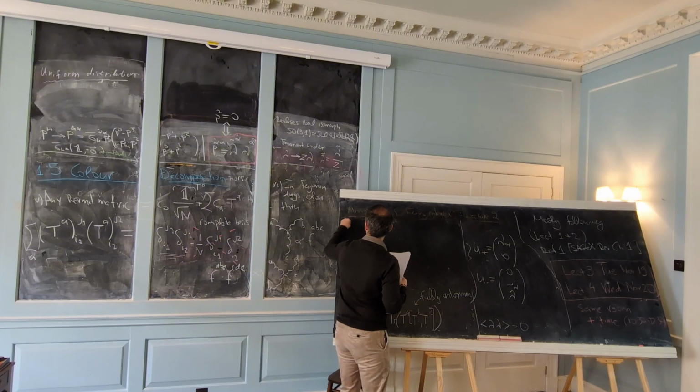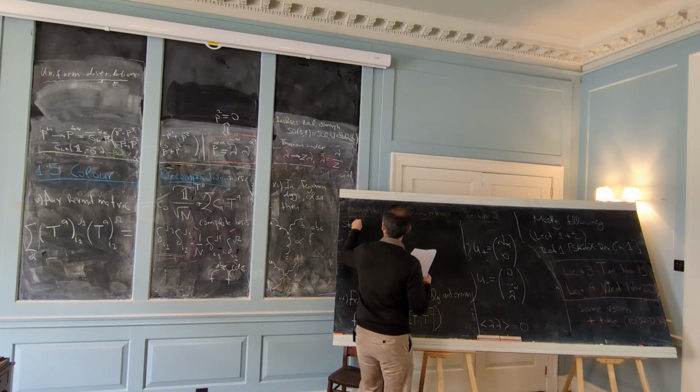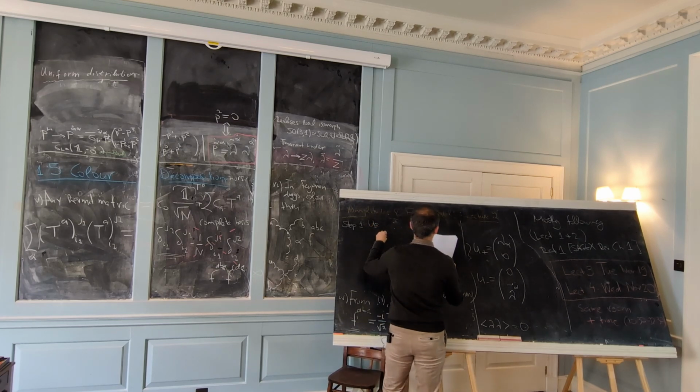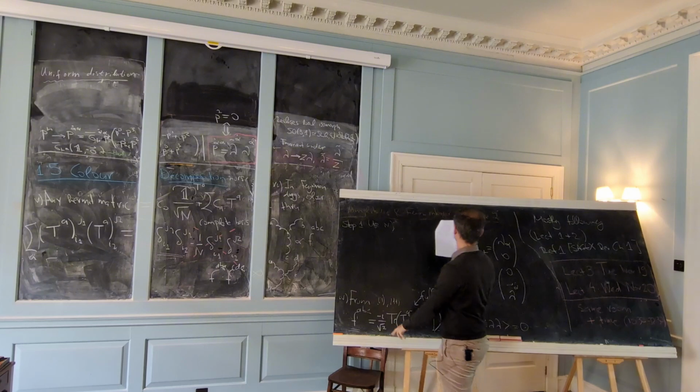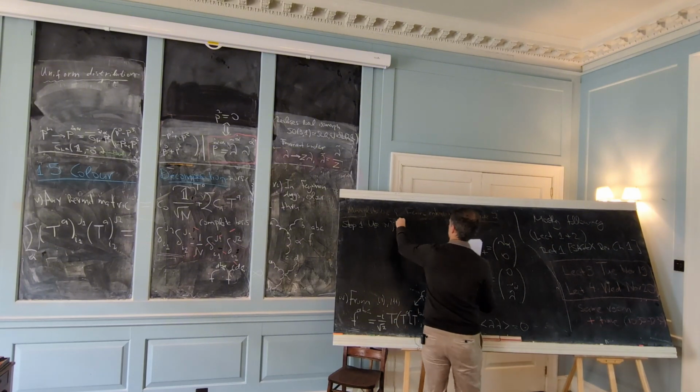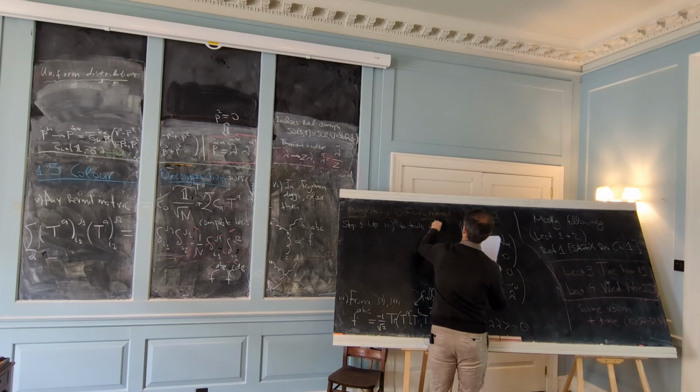So step one is that you use the relation of step 4, this one over here, in order to trade f's with products of traces.